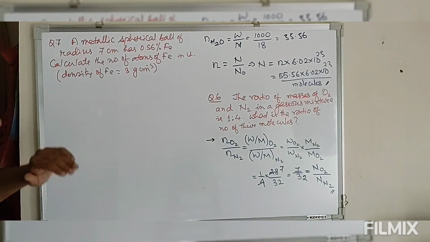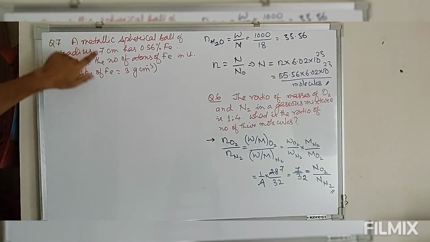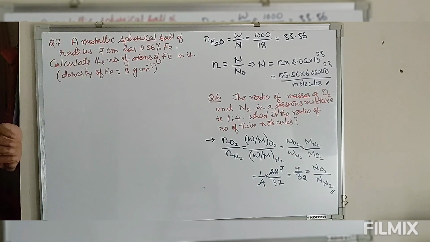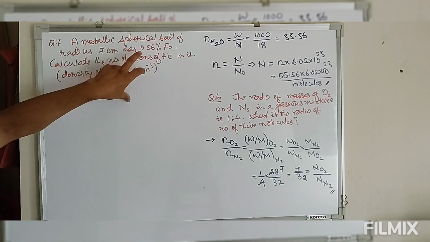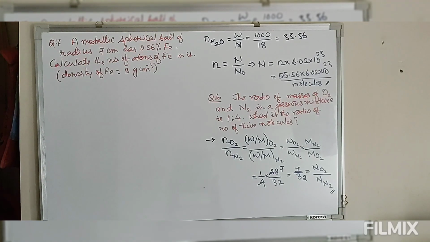Let's take this next problem. We have a spherical ball made up of iron metal, having a radius of 7 centimeter, and the percentage of iron is 0.56%. The question says, find the number of atoms of iron present in the ball.